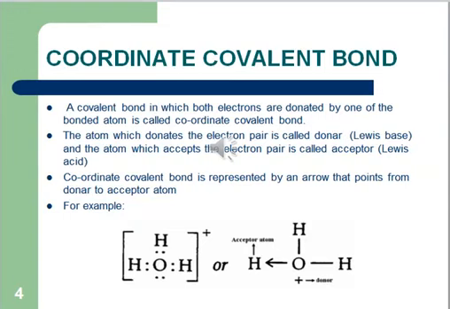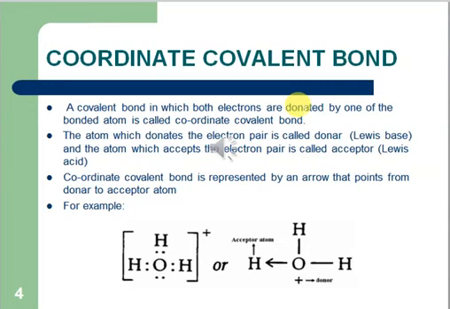If you have to define a coordinate covalent bond, just read carefully. A coordinate covalent bond is basically a covalent bond in which both of the electrons are donated by one of the bonded atoms. So it's not mutual sharing. A covalent bond is one in which the electrons are shared mutually between the two atoms, meaning both atoms donate one electron each, while in a coordinate covalent bond, both electrons are donated by one atom.